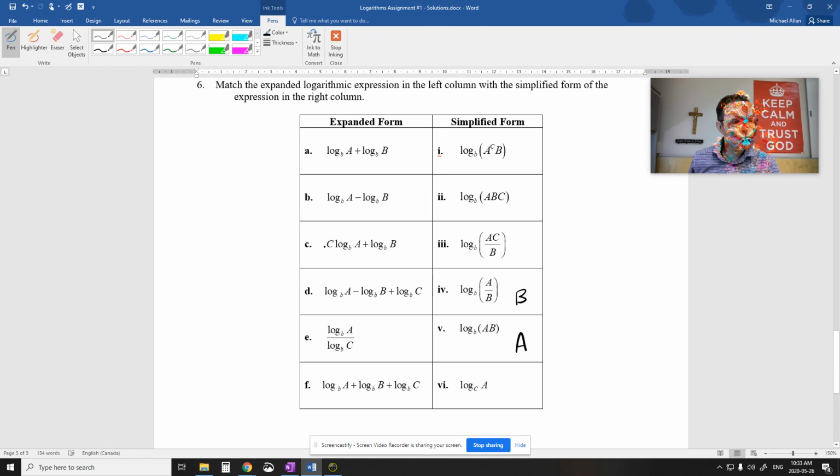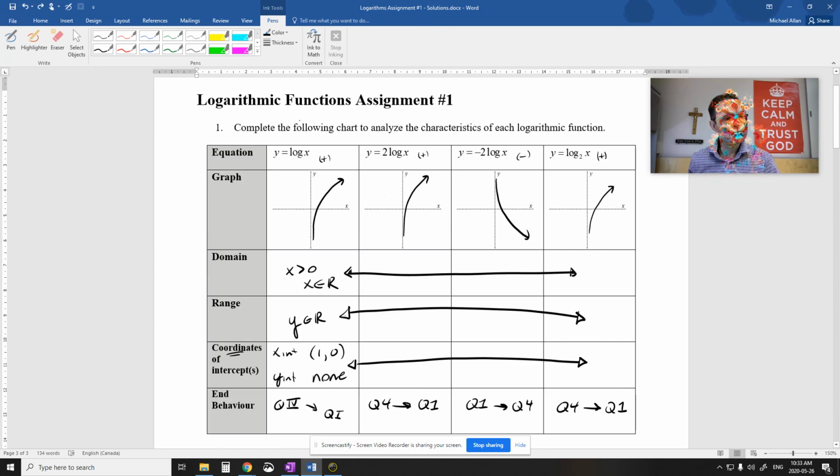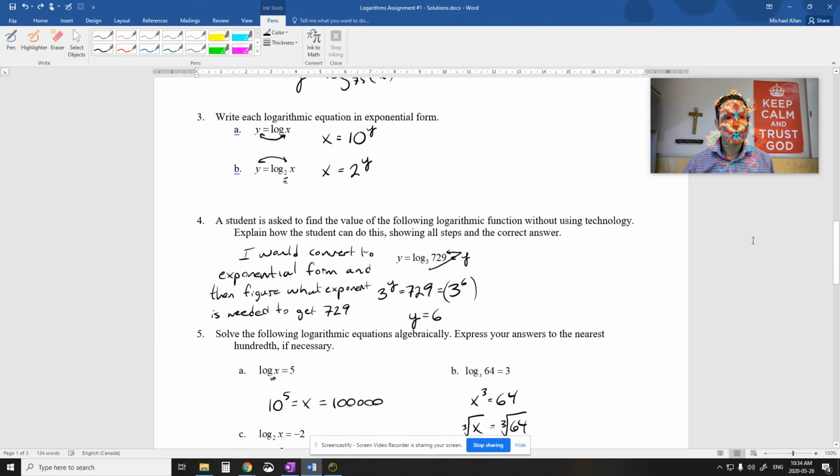This one has a problem. This one has a c in the front. So what I'm going to have to do with that c is raise it up as an exponent. It's going to be kind of weird to do. That's just going to maybe mess up both those things. Let me just fix this.